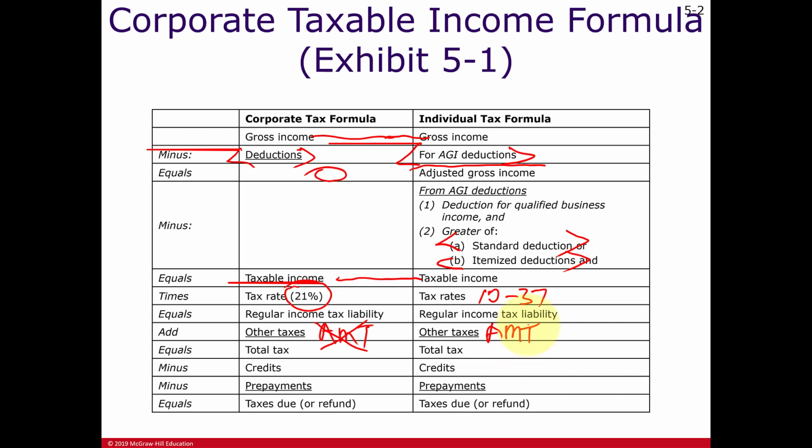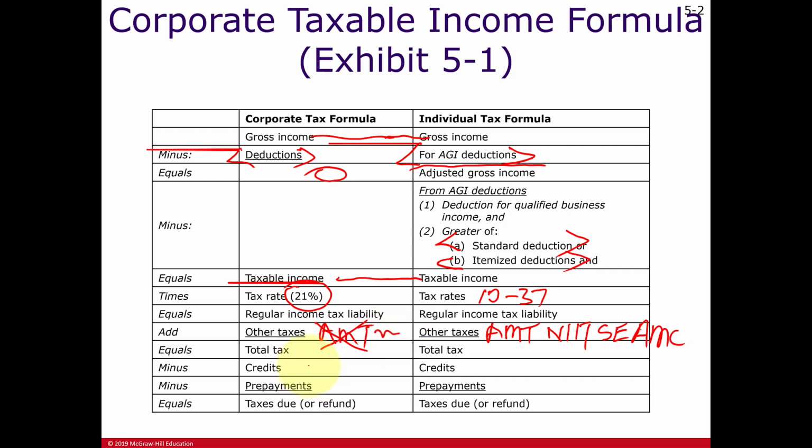And if you remember from the previous chapter regarding entities, the individual may be also subject to the net investment income tax, also the self-employment tax. What was the other one? The additional Medicare tax. So all of these other taxes are not applicable in the case of a corporation.